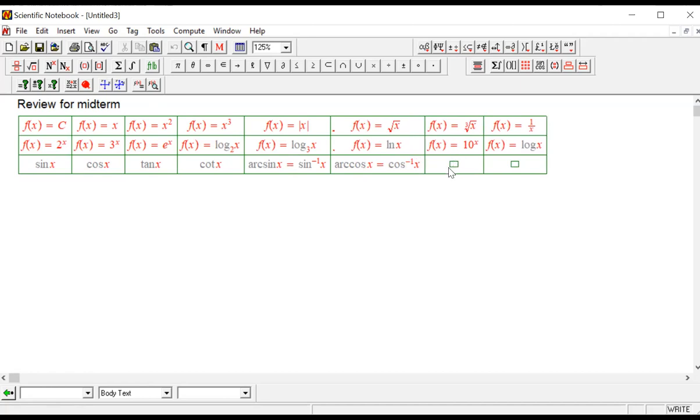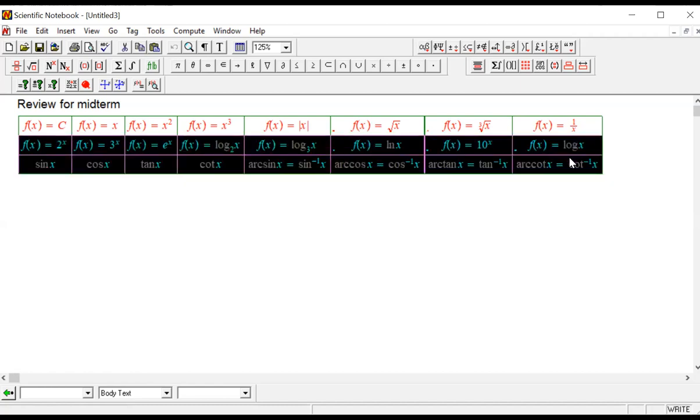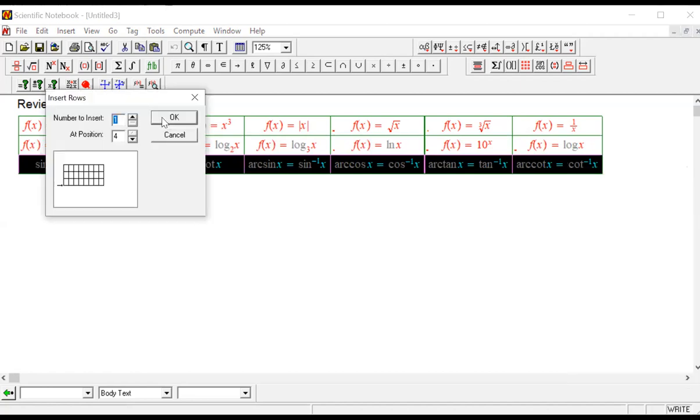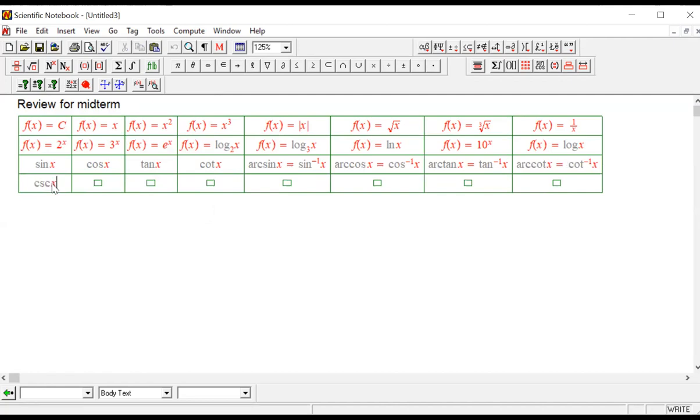Arc tan, written this way, and arc cotangent x, using this notation. All right, secant and cosecant. I would say secant and cosecant are also studied: cosecant x and secant x.